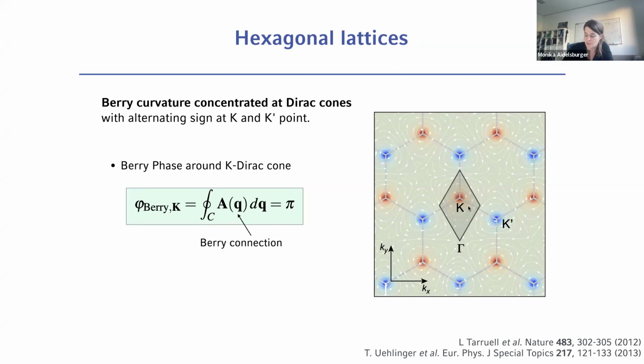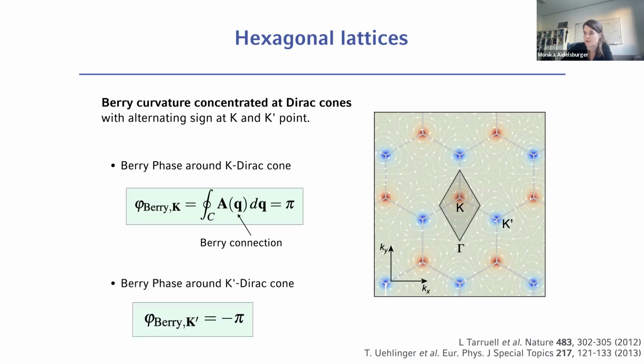So instead of computing the integral over the full Brillouin zone, as we would do in order to compute the Chern number, we choose such a local region to compute the associated Berry flux. And for these 2 points, K and K prime, this Berry flux is equal to pi.